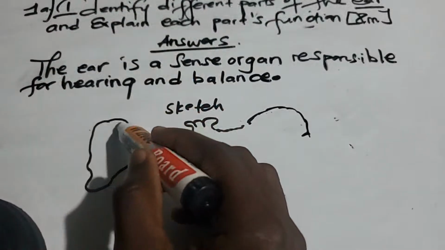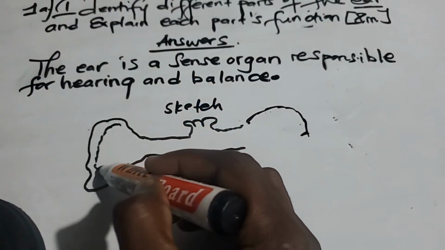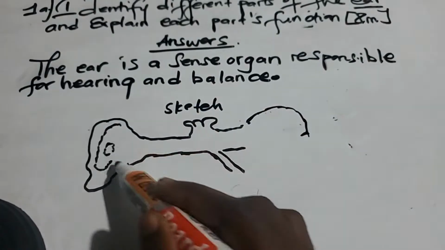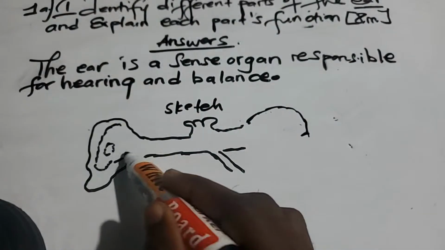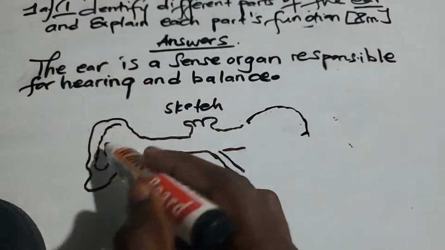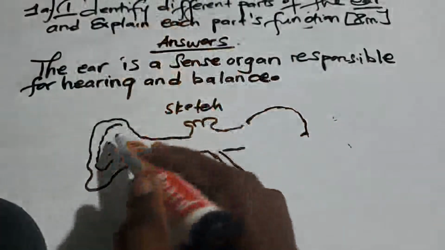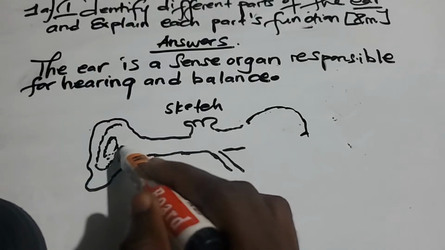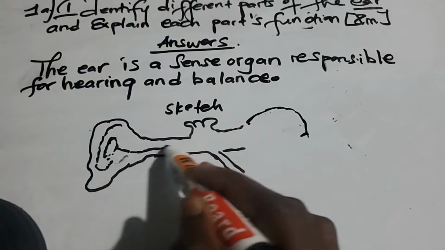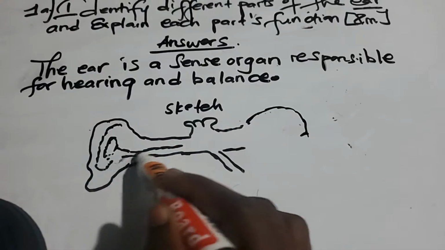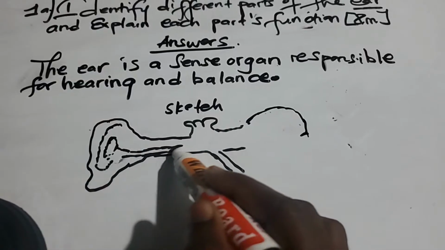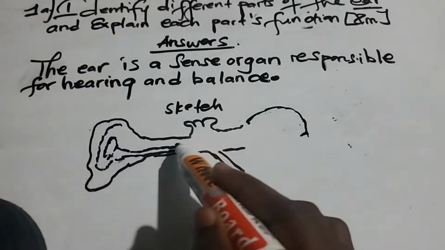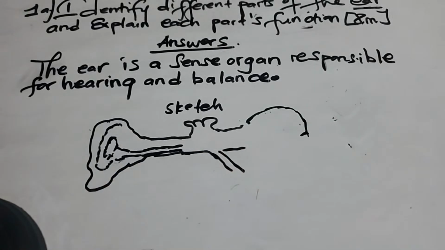So here just a simple sketch, so that at least it's going to help you to come up with parts, for you not to forget these parts which we are going to list or talk about, the parts which we are going to discuss. So this simple sketch is going to help you very well in order to name the parts very well.